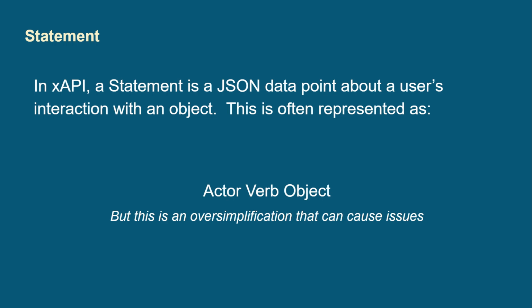So in a nutshell, actor, verb, object are the mandatory parts of a statement, but there's a lot more to it that makes xAPI useful. So important for now is when we say statement, we're talking about data about a user's interaction with an object. It's a particular data model in xAPI that represents that interaction with an object.